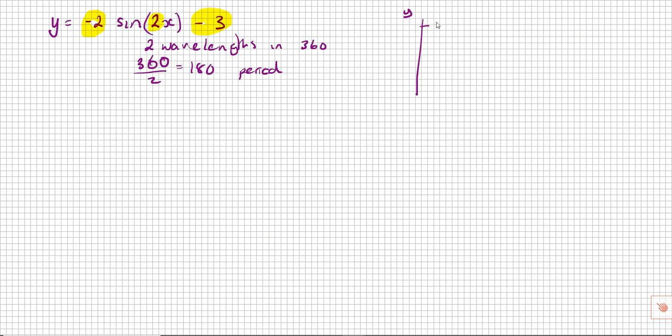Why? Because sine the maximum. That's not a reason. Okay? You start at -3 and then you go up to the 1. Okay, so we start at -3. See that? And the amplitude is now 2.